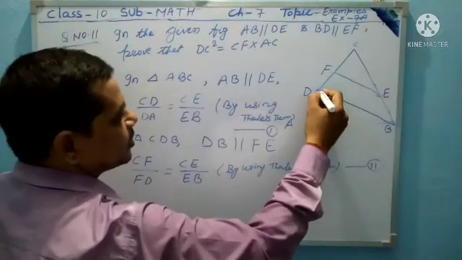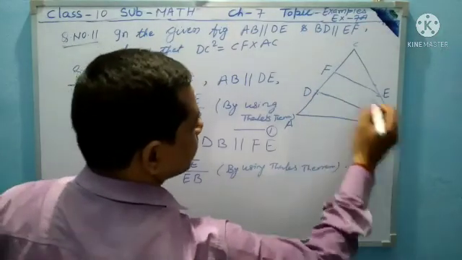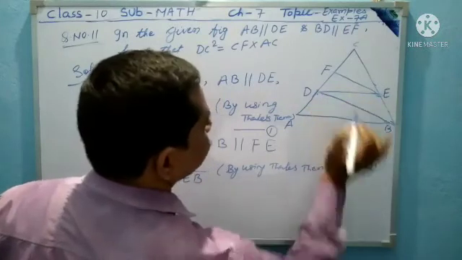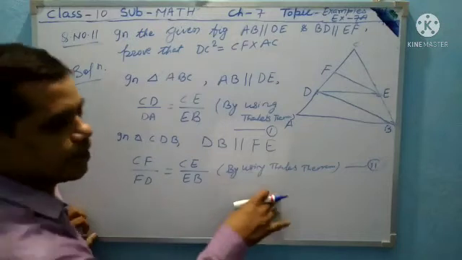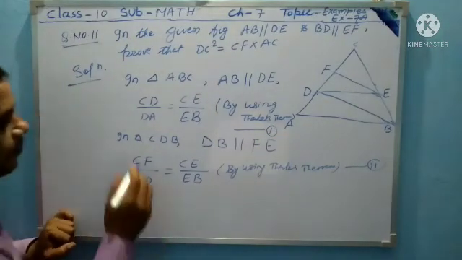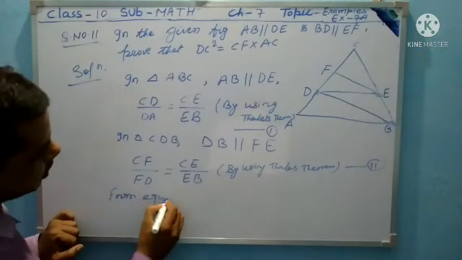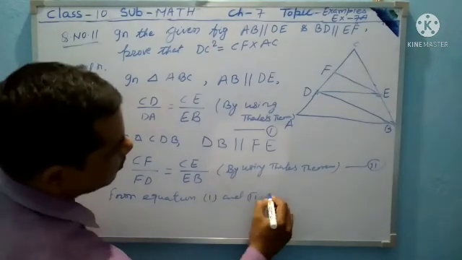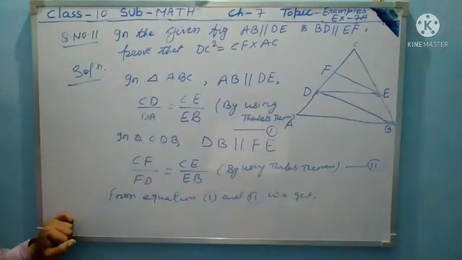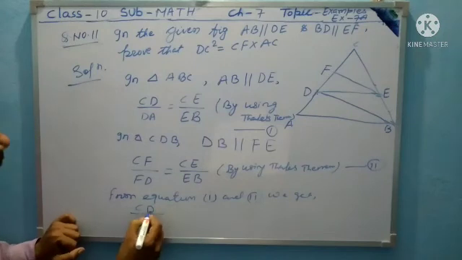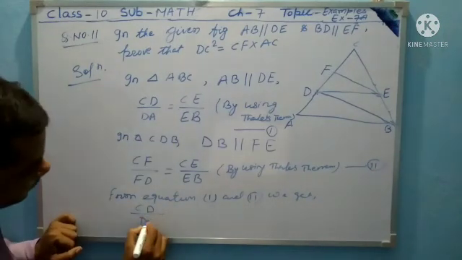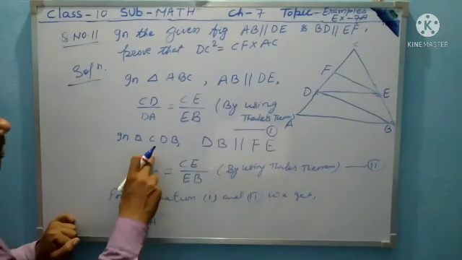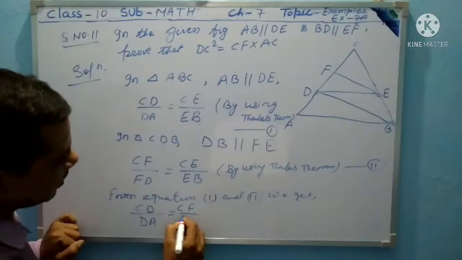So our triangle is this, and using the Thales theorem, from equation first and second we get CD by DA equal to CE by EB, and CE by EB is also equal to CF by FD.